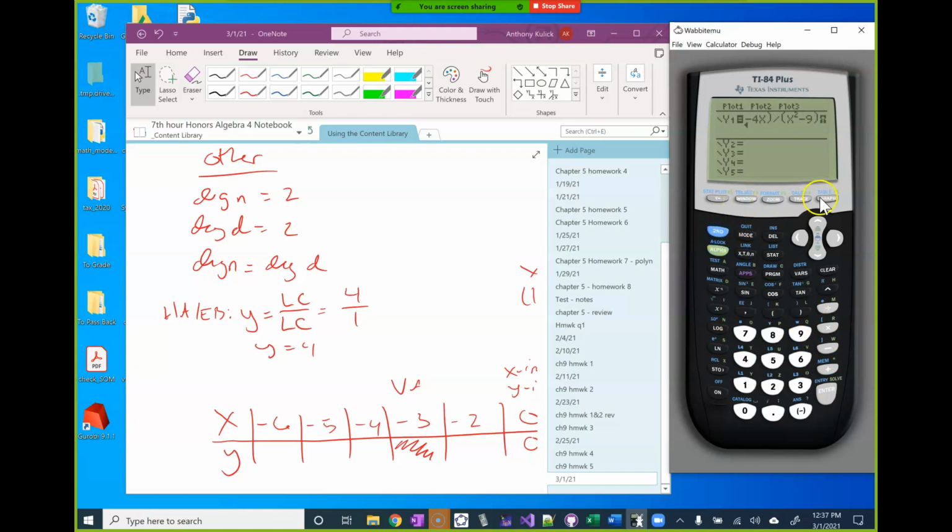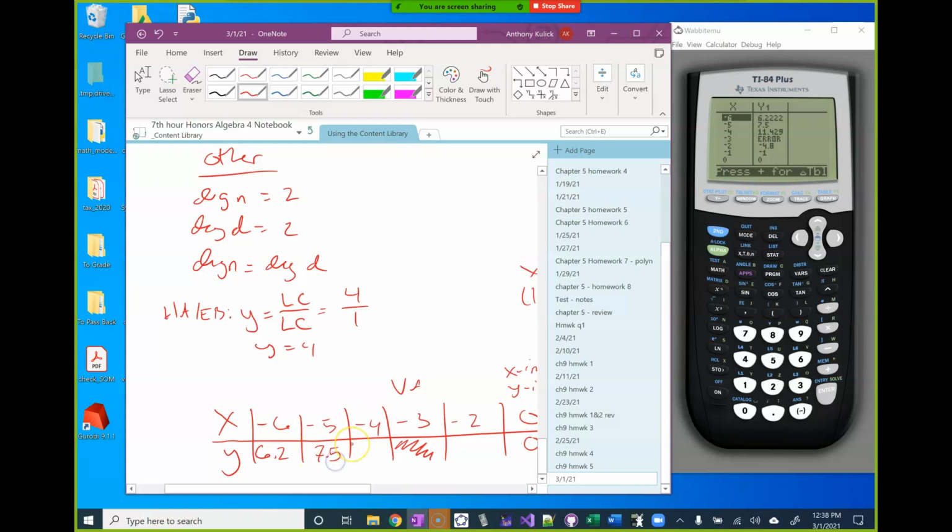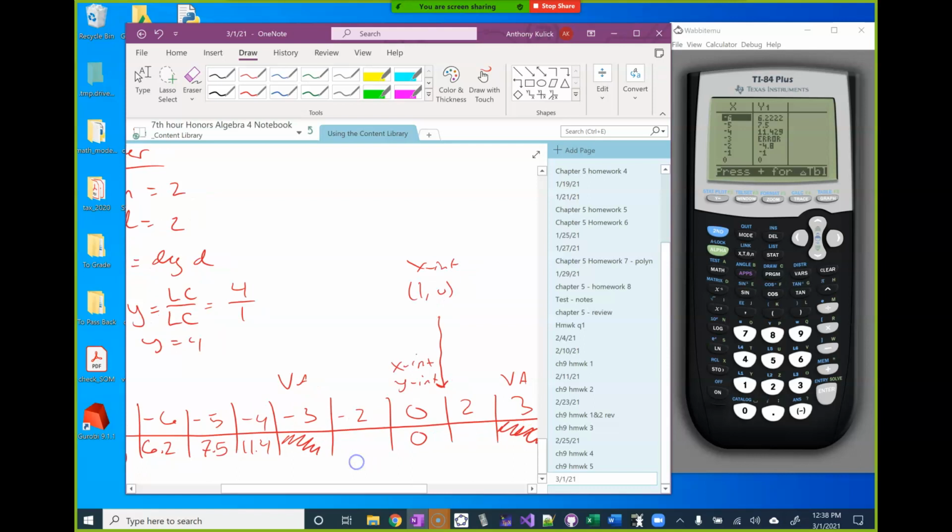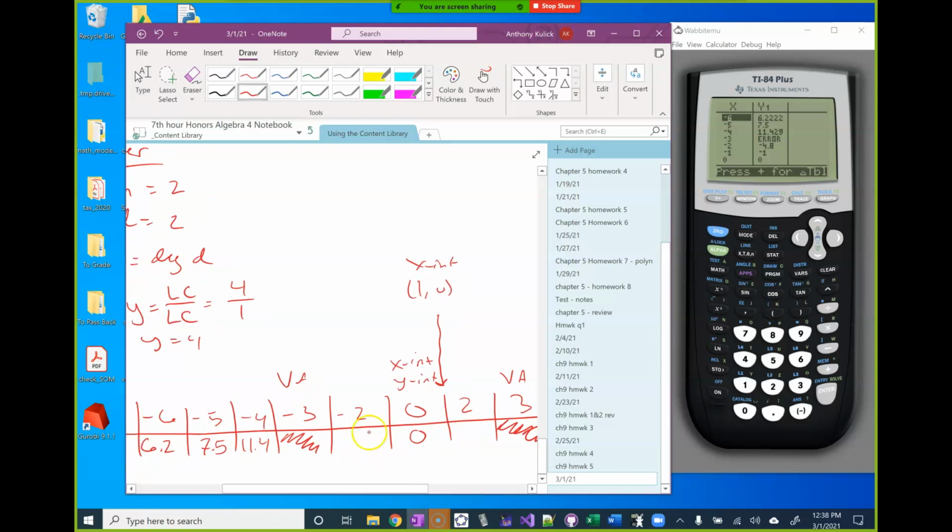And then my table set, I'm going to reset that back to start at -6 and pull that up. So I have 6.2, 7.5, and 11.4. Again, I'm graphing, so it's totally reasonable to just leave these with 1 decimal point.